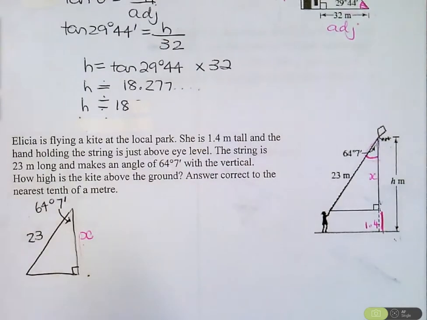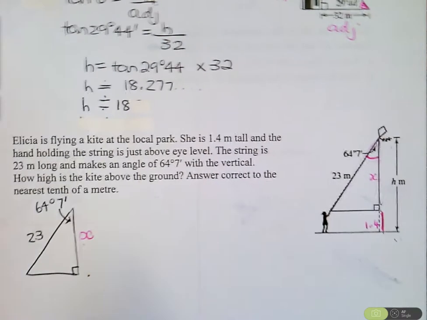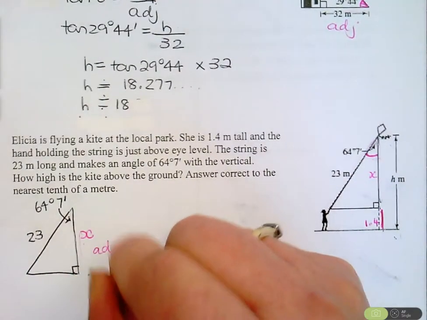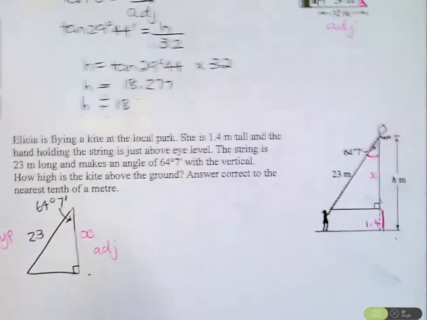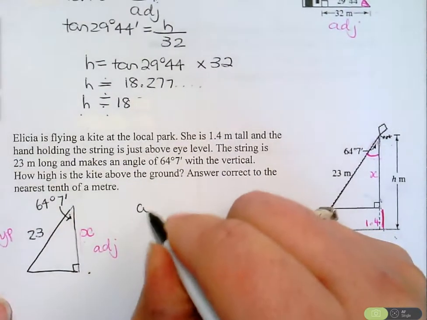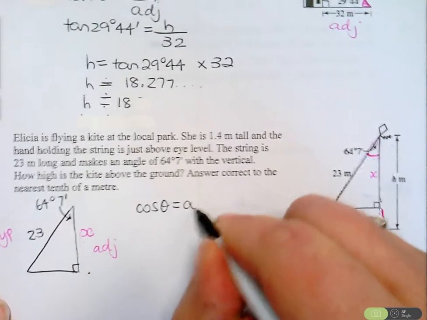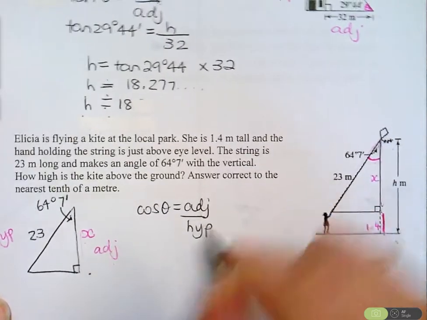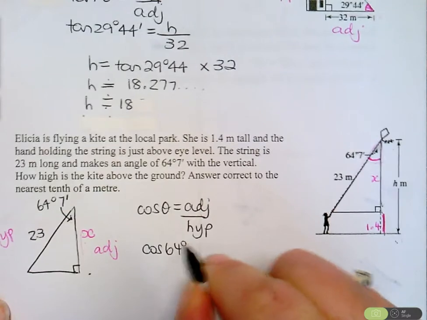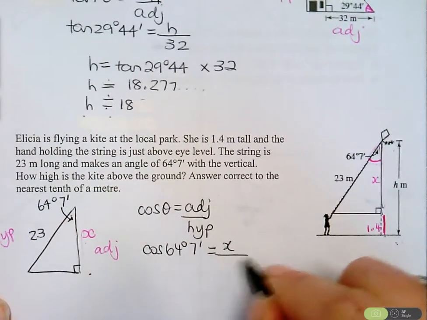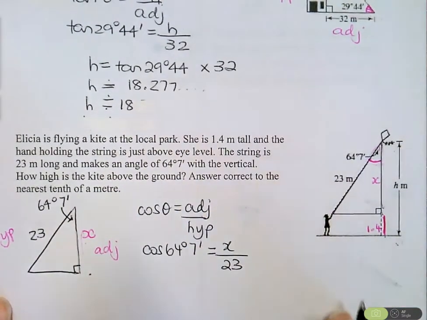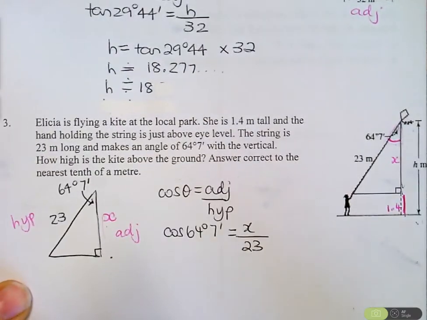Okay, what do we use? Sine, cos, or tan? So I've got adjacent, I've got hypotenuse. Are we all good with what rule? Cos theta is adjacent over hypotenuse. Cos 64 degrees 7 minutes is x over 23. Is this a good one with x on the numerator?